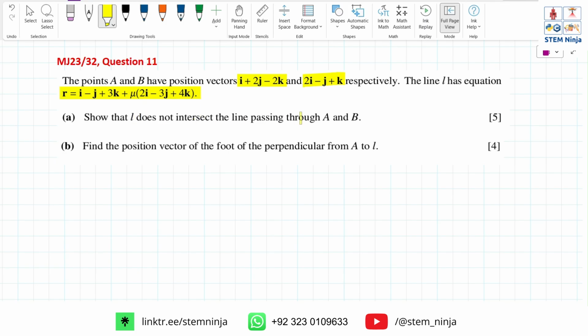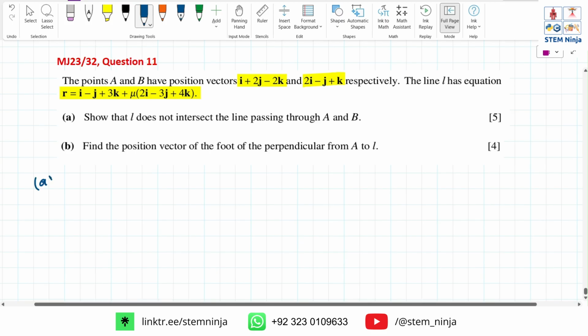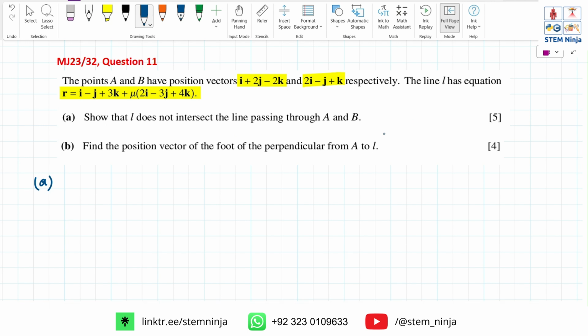Show that L does not intersect the line passing through A and B. So this is another question asking us about the point of intersection, or whether or not it intersects. So we're going to repeat the same process. We need to show L does not intersect the line passing through A and B. First, we need an expression for the line passing through A and B.